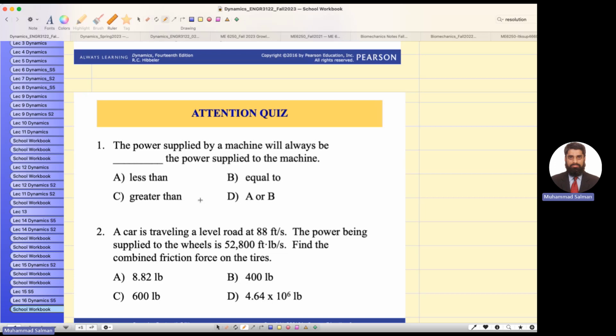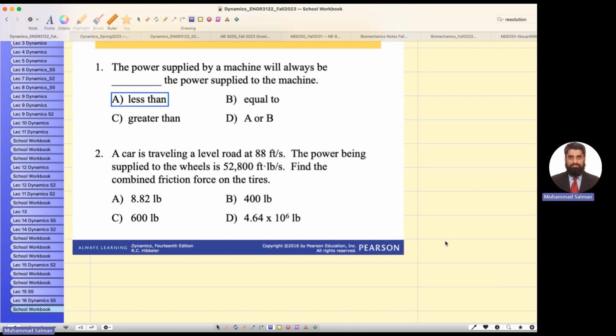What should I write here? You guys are smart. That's good. How about the next quiz question? You did that in the blink of an eye. You guys have good concepts about dynamics.